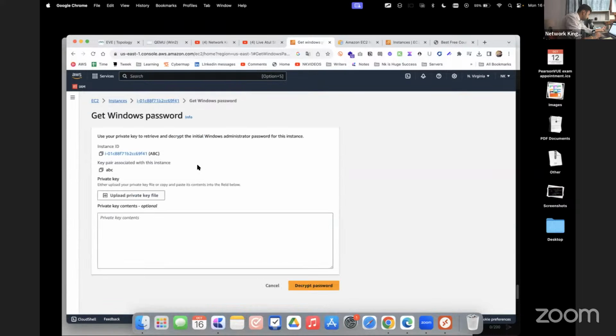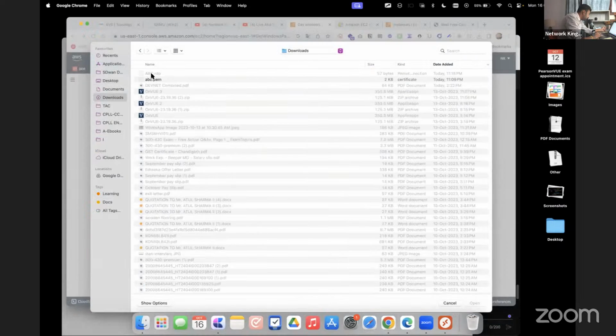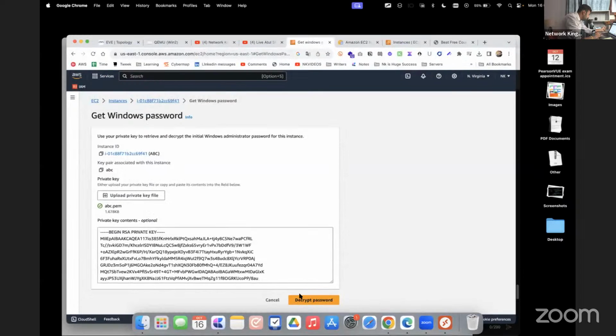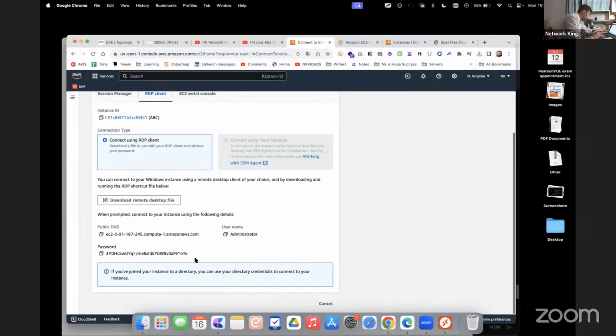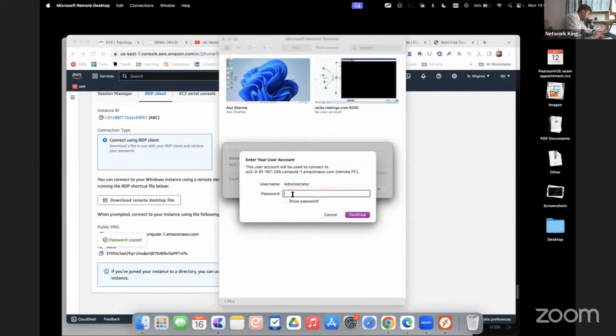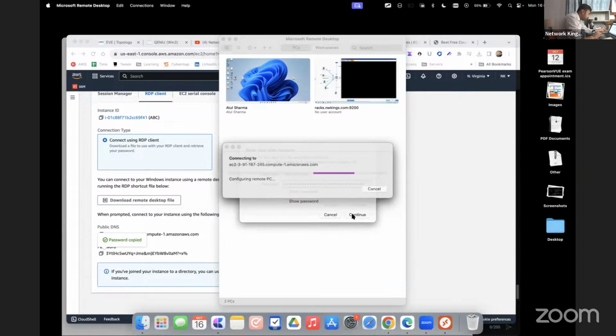Okay, get password. You can see get password, and I have to upload that private key. Initially we downloaded एक pem के नाम से थी जो, yeah, and decrypt the password. This is my password. I copy this, and now I paste here and continue, you can see continue.